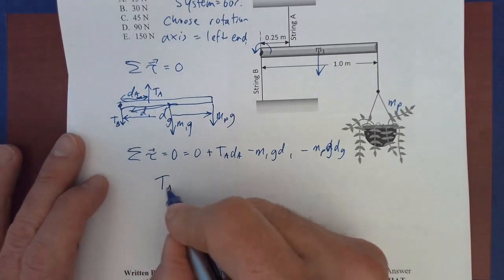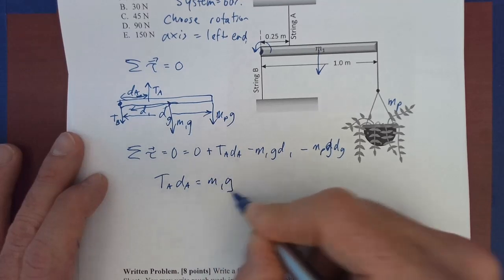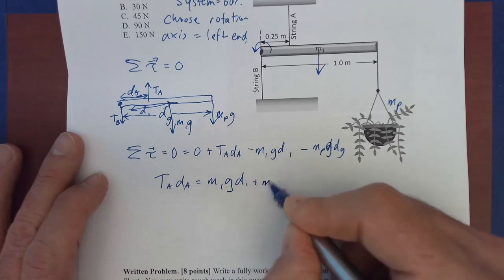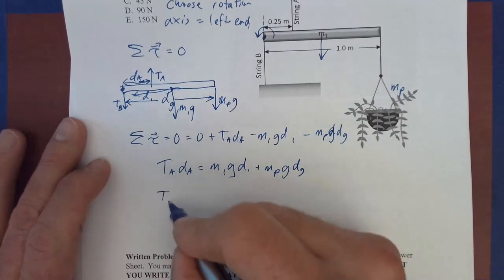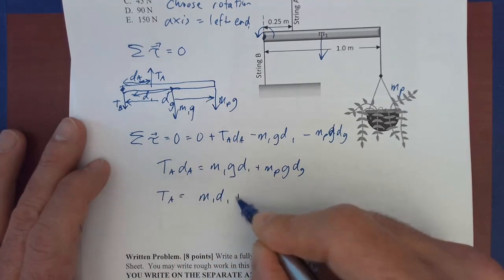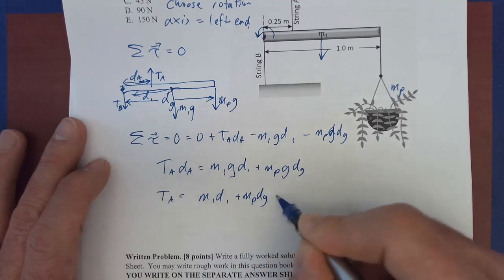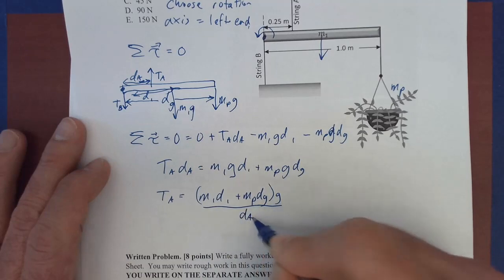Okay, and I can rearrange that. The tension A times dA is equal to M1 G D1 plus MPG times dG. So the tension A is equal to M1 D1 plus mass of the plant times the length of the whole bar, all times G, all divided by dA.